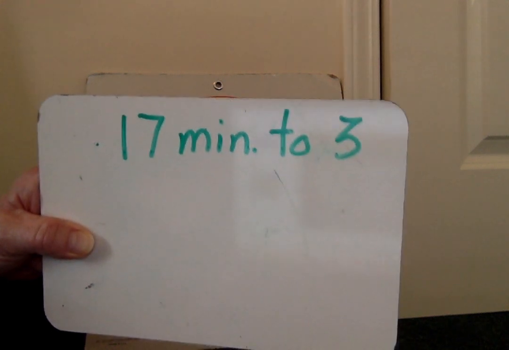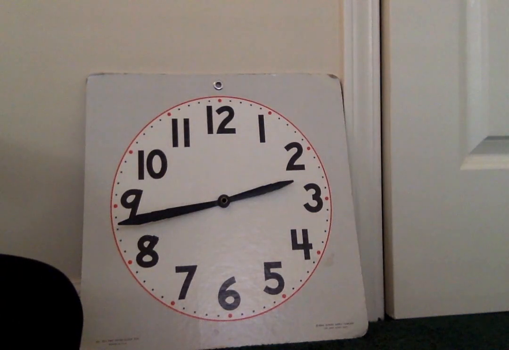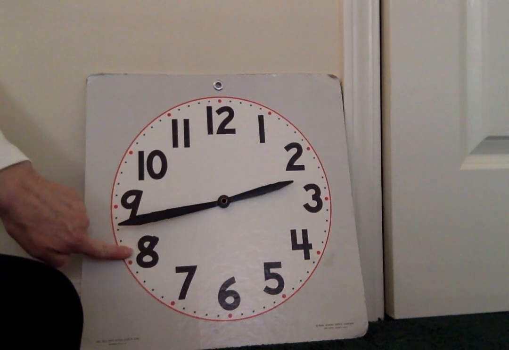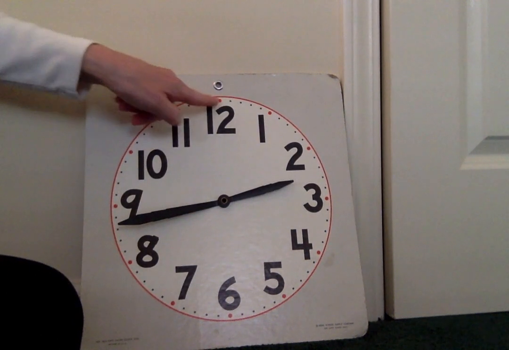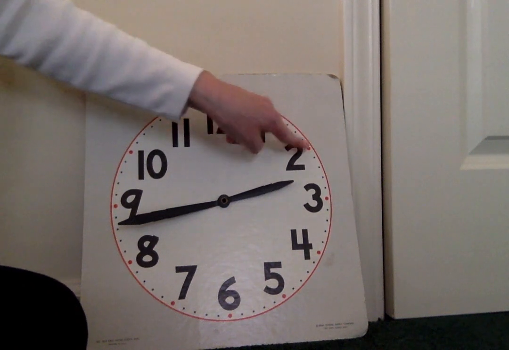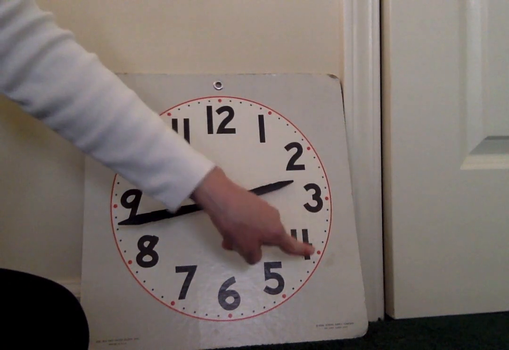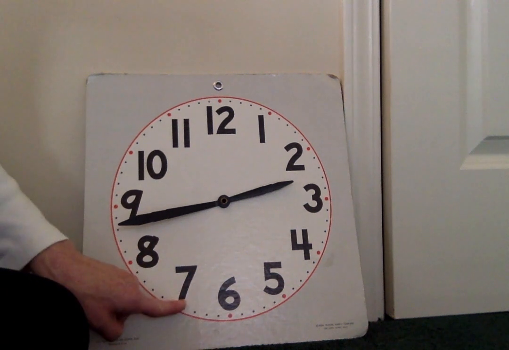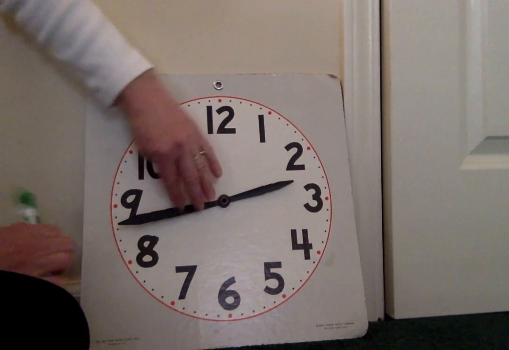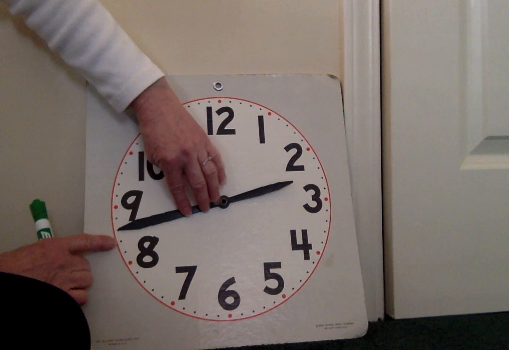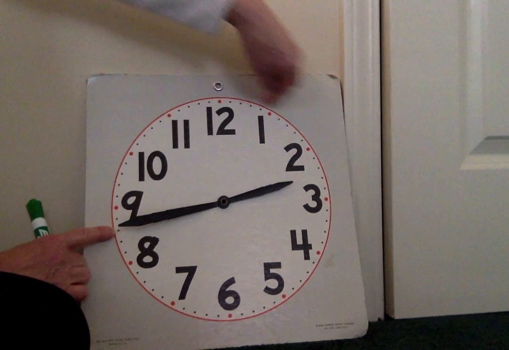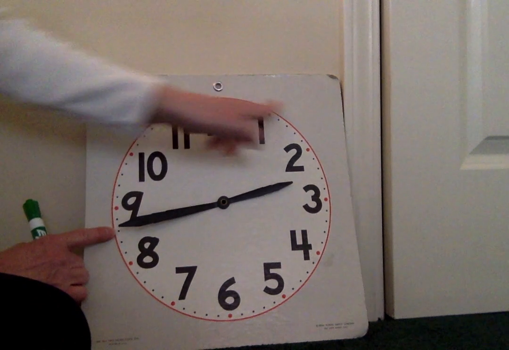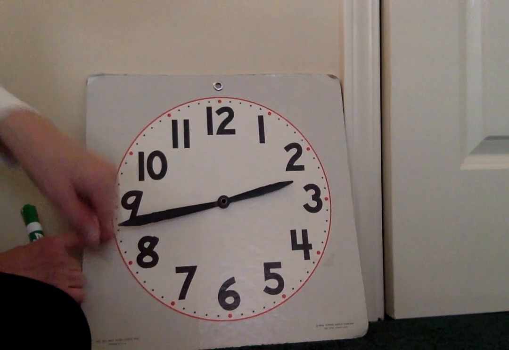But that's the same as, let's start here and go all the way around and see how many minutes we have after the 2. 5, 10, 15, 20, 25, 30, 35, 40, 41, 42, 43 minutes after 2, if it's coming after the 12.